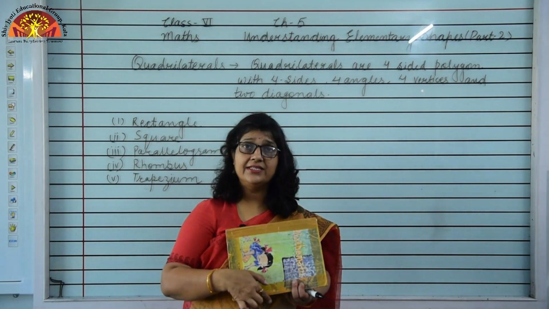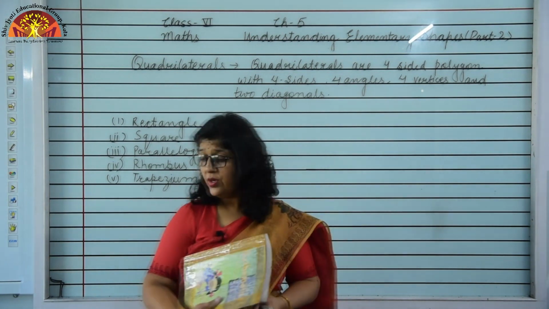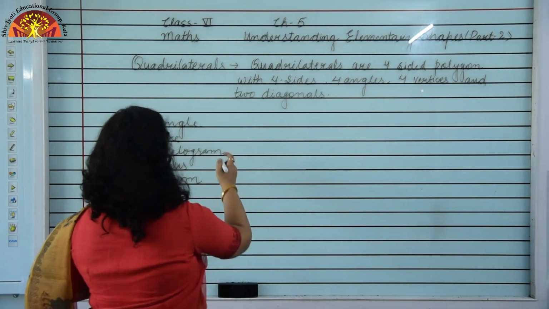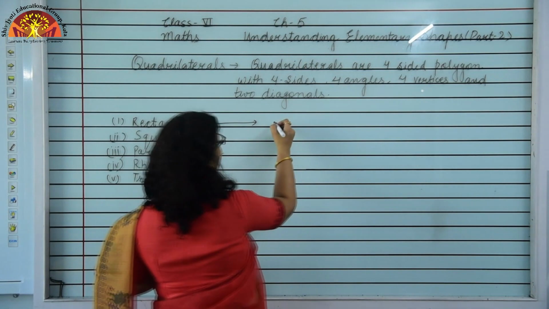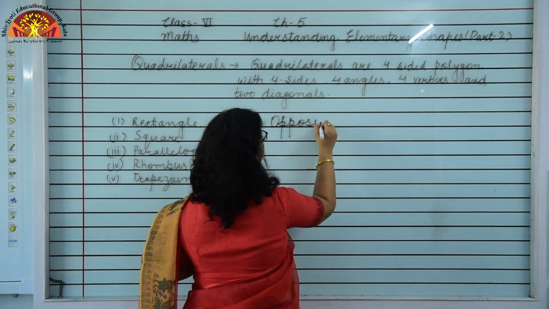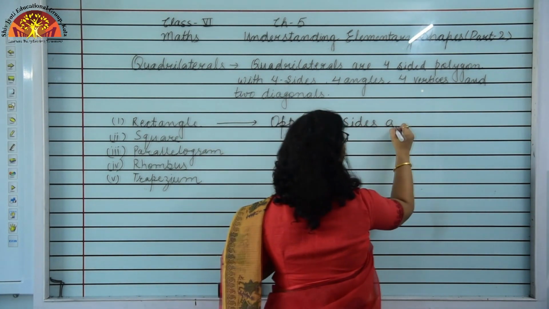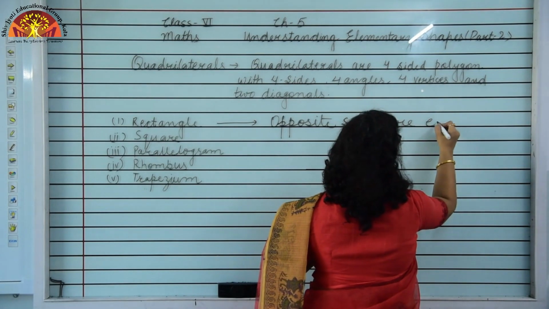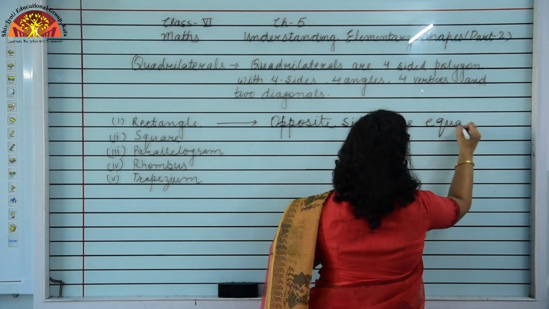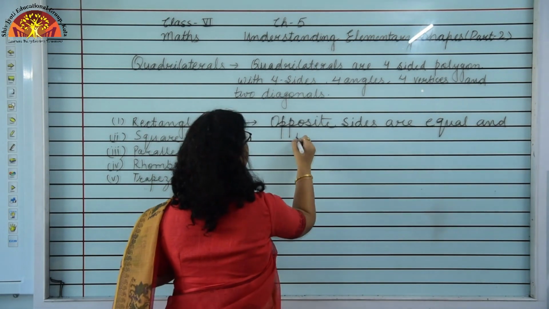So this side and this side are equal, and this side and this side are equal. So what qualities in a rectangle? Opposite sides are equal and parallel.